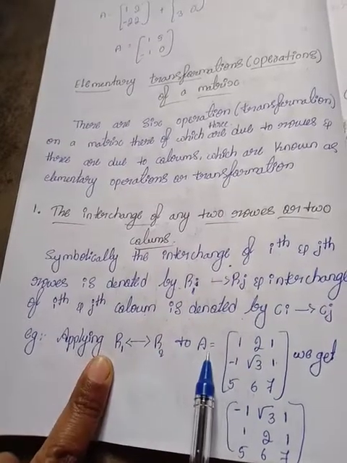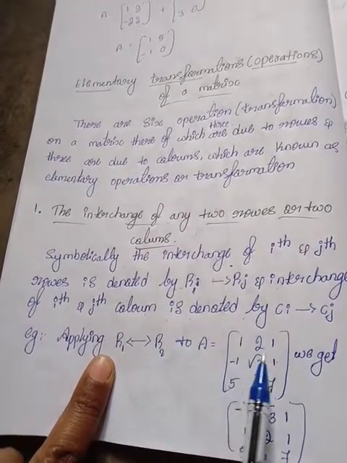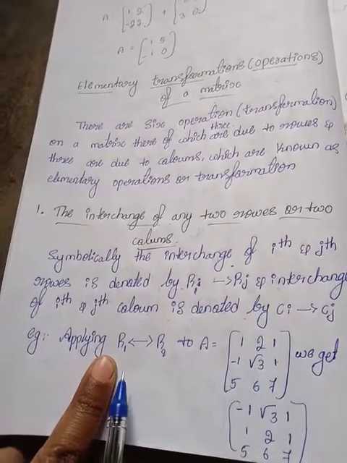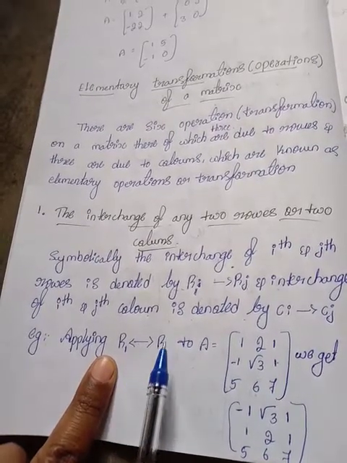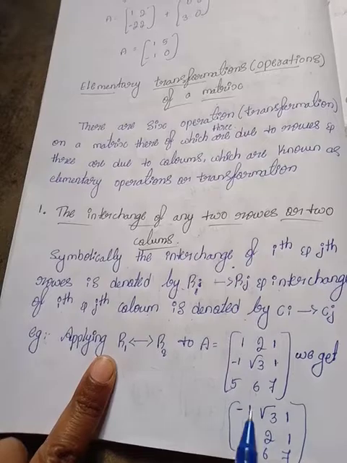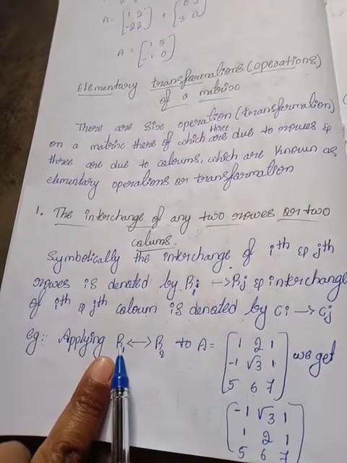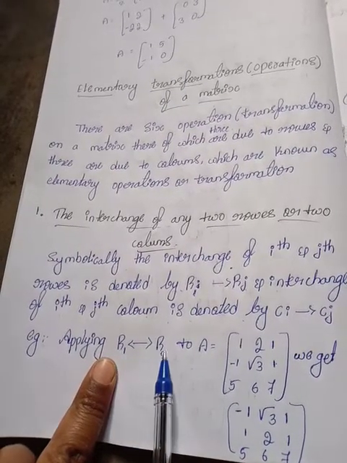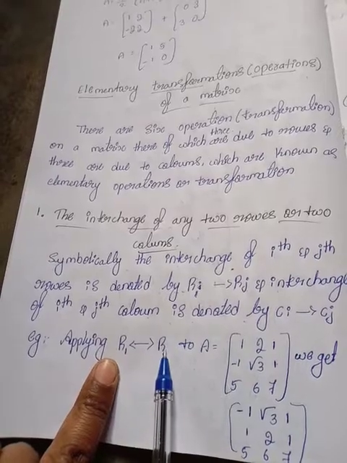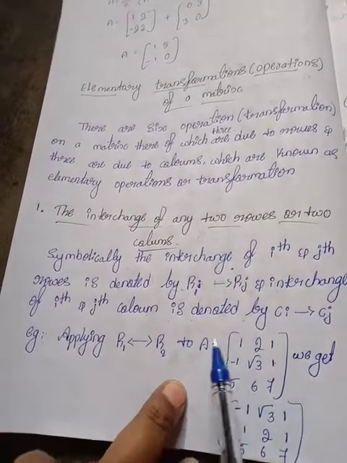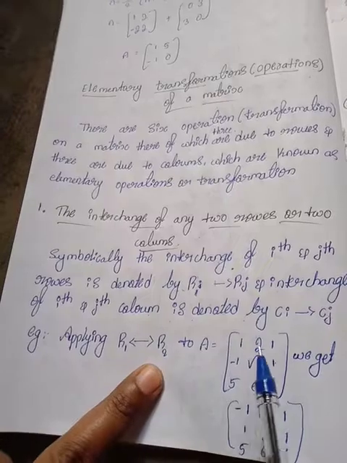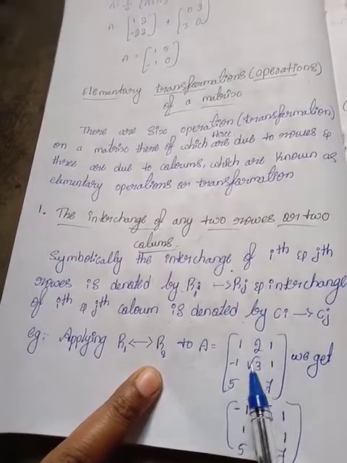For example, take one matrix, a 3 cross 3 matrix. If I interchange R1 to R2, that is row 1 and row 2, I need to interchange these two rows.